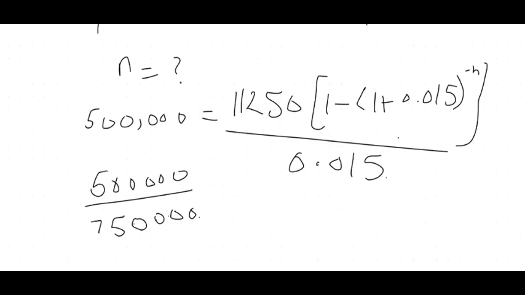Now we have 2 by 3 equals 1 minus (1 plus 0.015) power of minus n.